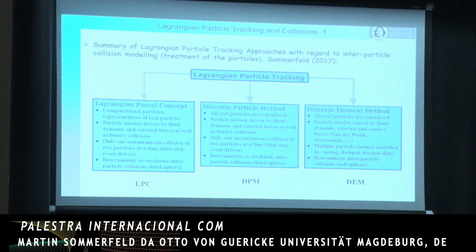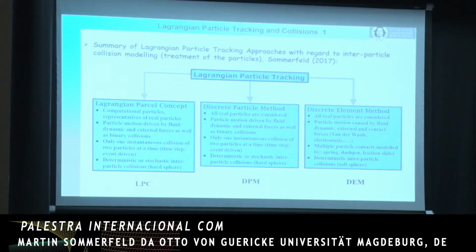You can only capture one collision within one time step, so you have to reduce the time step accordingly. People use deterministic or stochastic collision models in this kind of simulation. Deterministic means I search for a possible collision partner among the tracked particles. Stochastic means, I will tell you more about that, you create a collision partner.